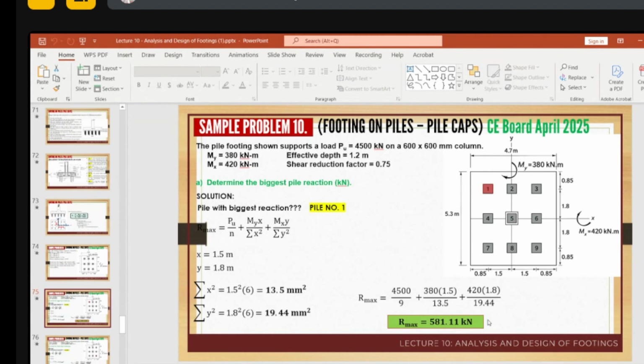So you were able to determine the biggest pile reaction, R max, which is 581.11 kilonewton. The minimum is the same with a minus sign, so 418.89.